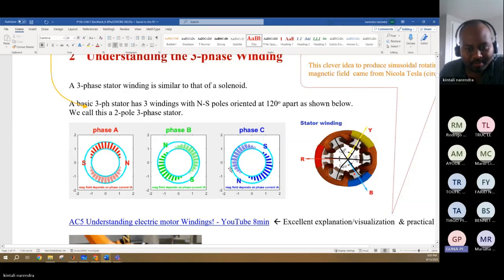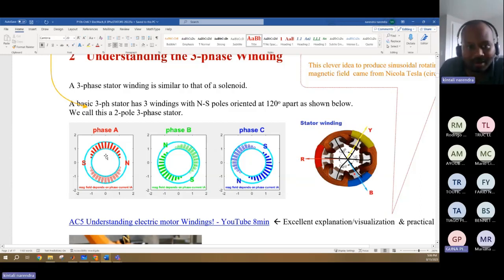Okay, so in the illustration you have three windings, right? They seem to be an equal set of windings. They didn't show it in this picture, but actual windings are done in this manner.